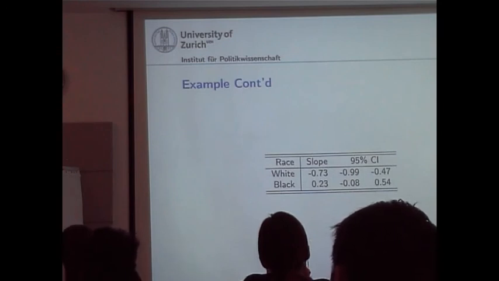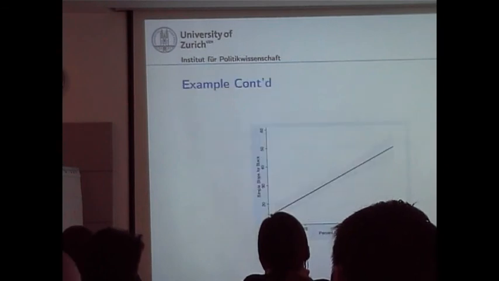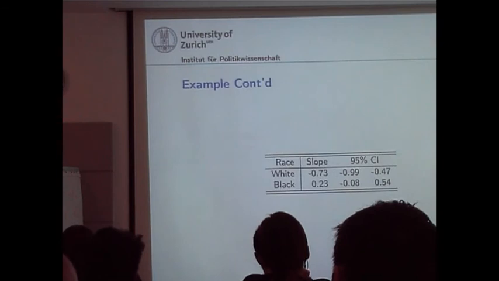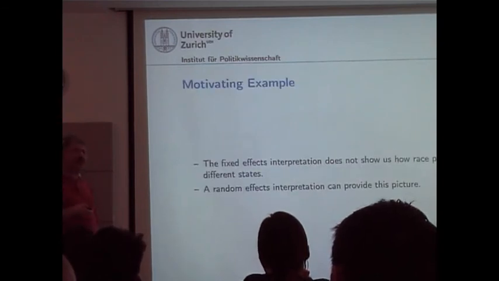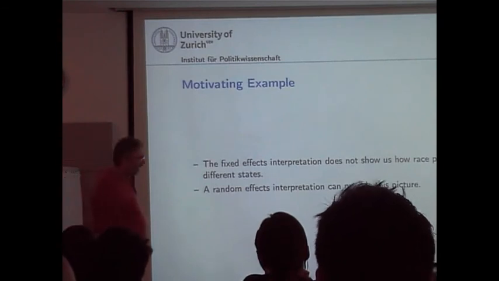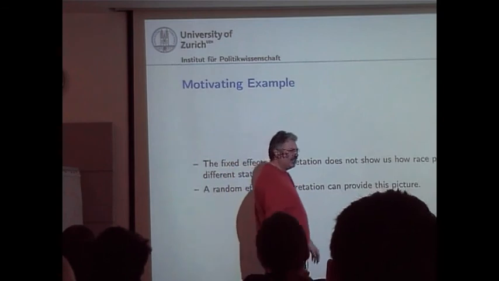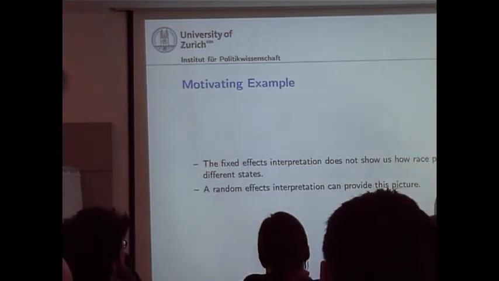Now, this is not even what people often report in these papers, but this is one thing I think you should do. When you don't have a cross-level interaction, then you basically can say, okay, for a unit change, this is the effect of my predictor.